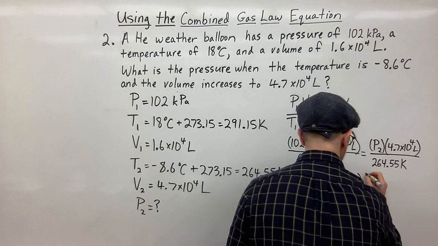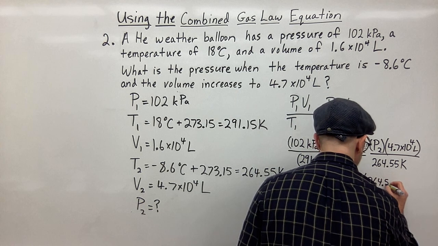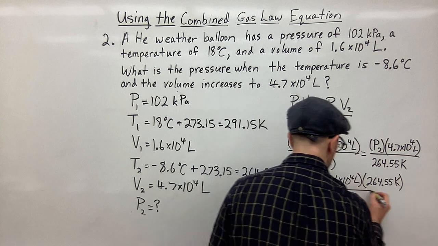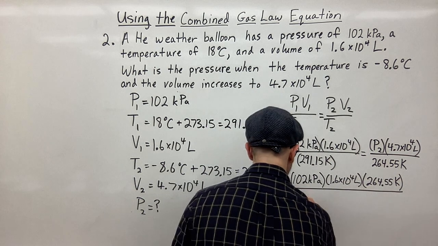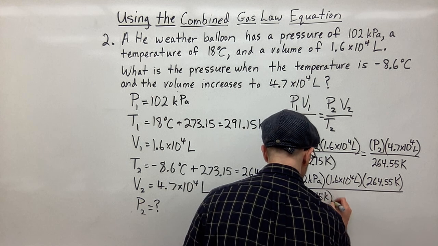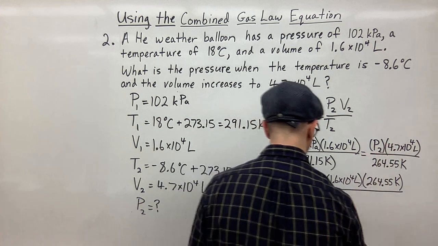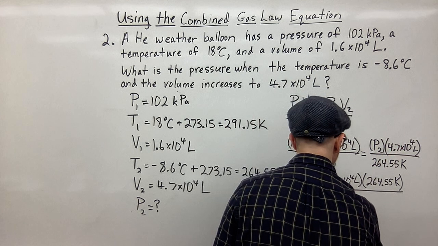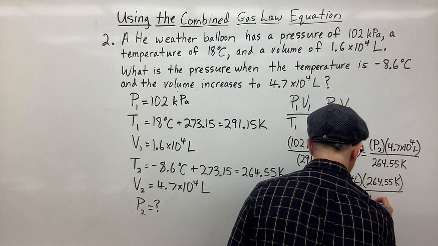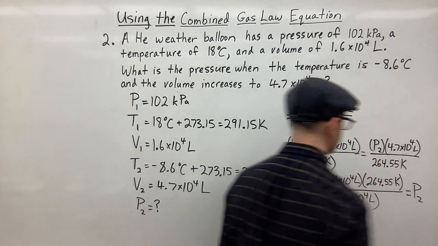And then that's going to be multiplied by 264.55 Kelvin, all over 291.15 Kelvin multiplied by the 4.7 times 10 to the 4 liters. And this is equal to P2.